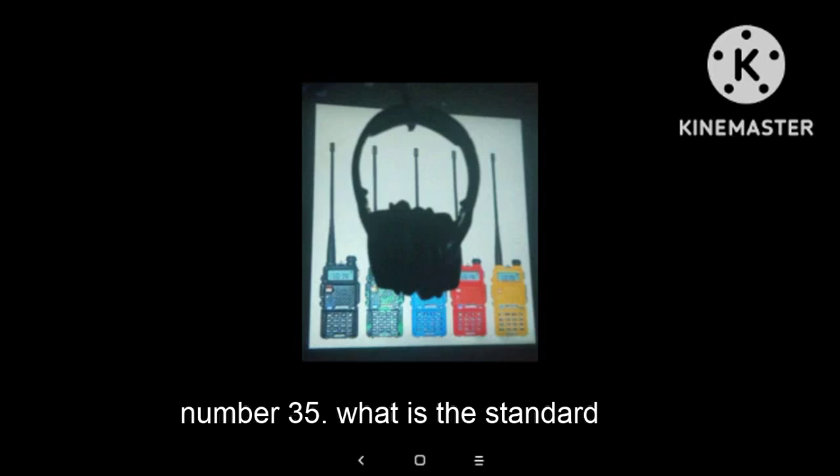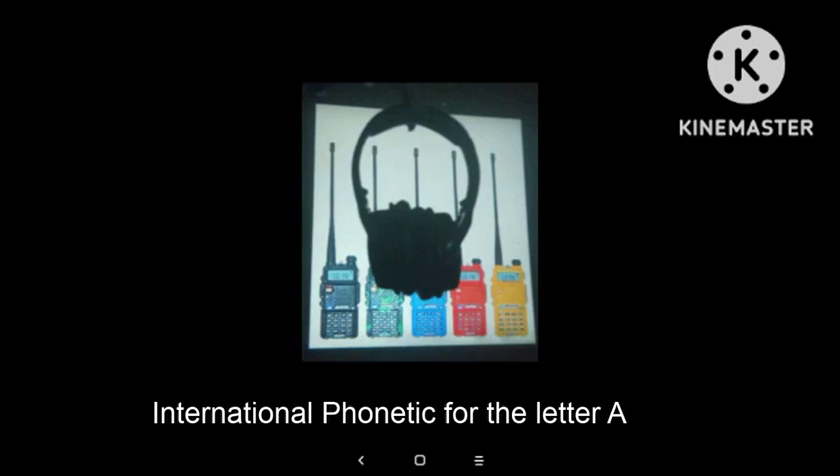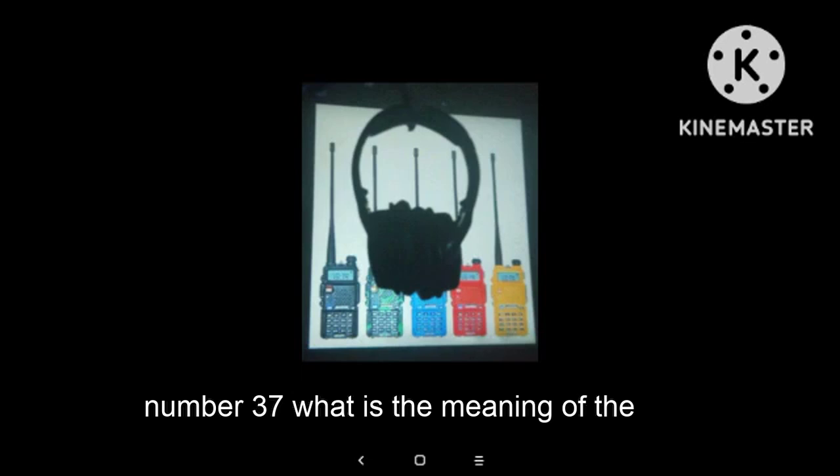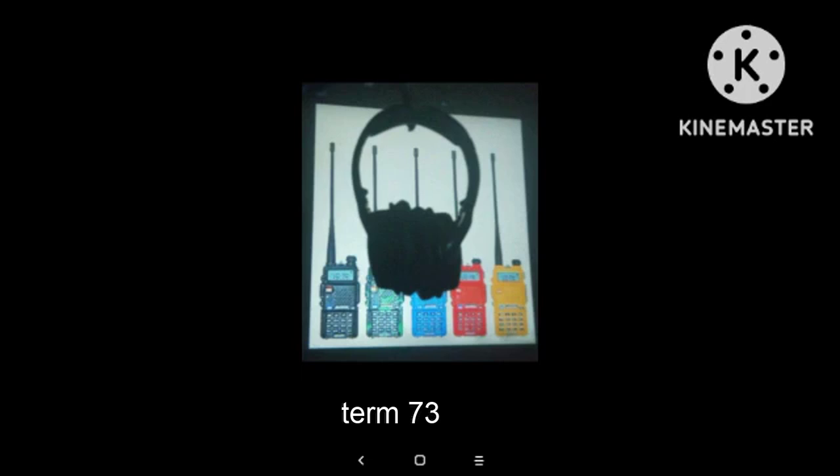What is the standard international phonetic for the letter A? Alpha. Number 36. What is the standard international phonetic for the letter I? India.